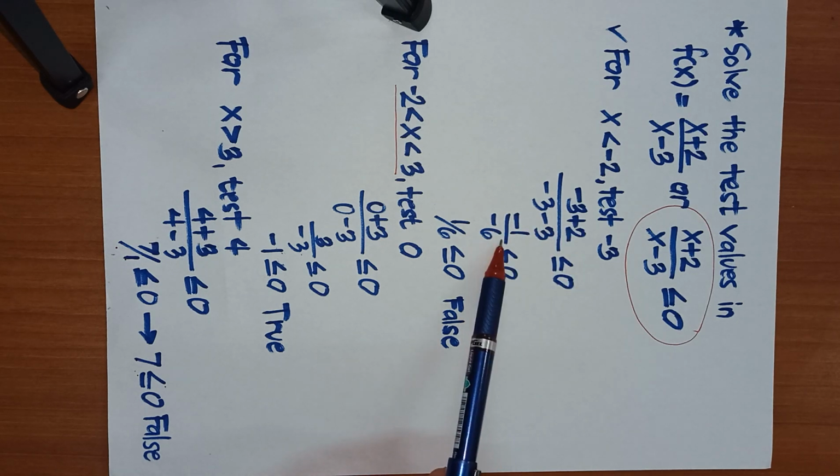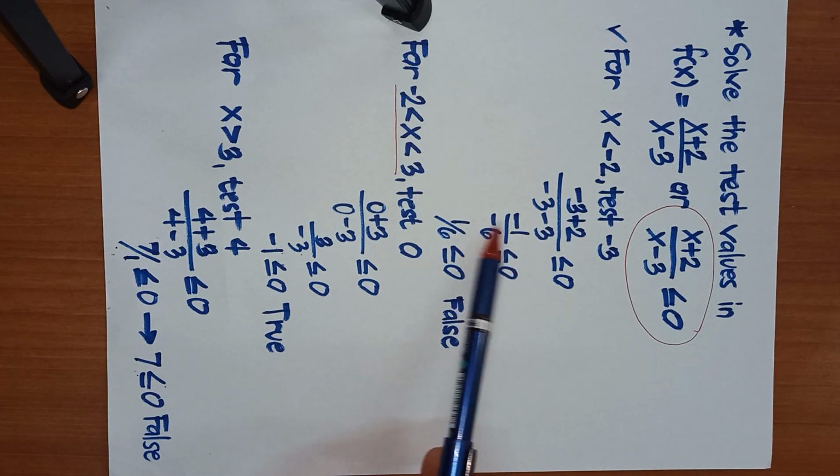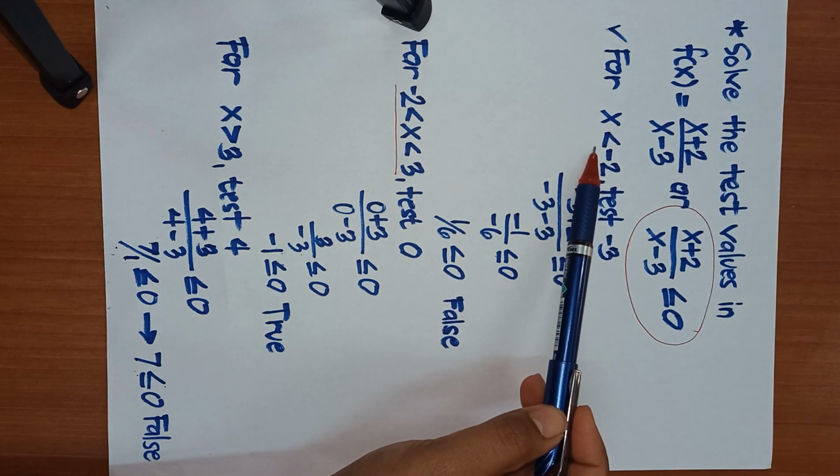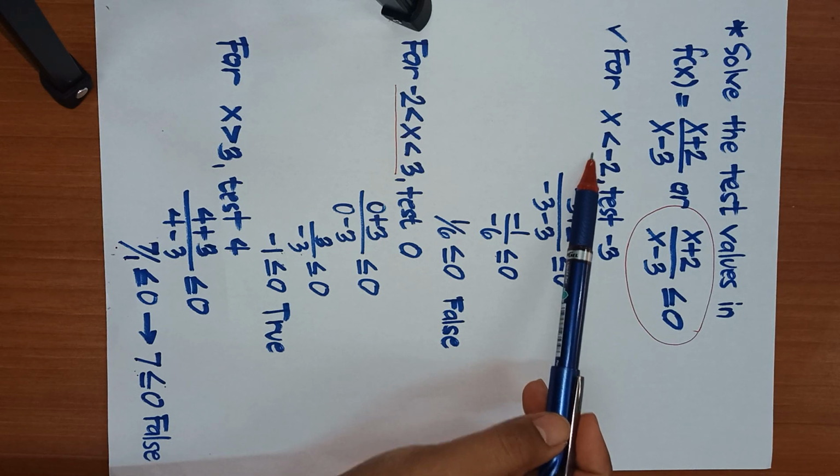Simplify, I got -1 over -6. Since there are two negative signs, that will become 1 over 6. And 1/6 is not less than or equal to 0, so this statement is false. If the statement is false, then this interval is not part of the solution.